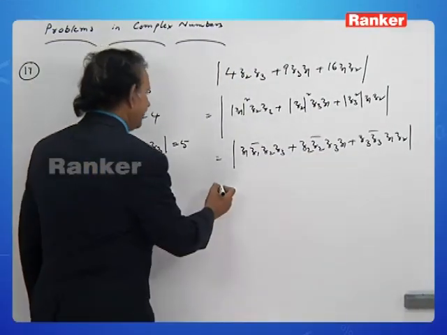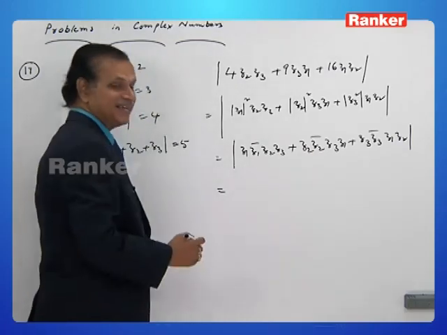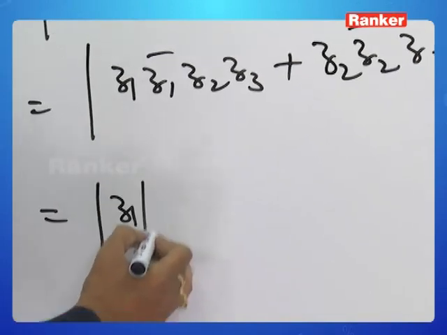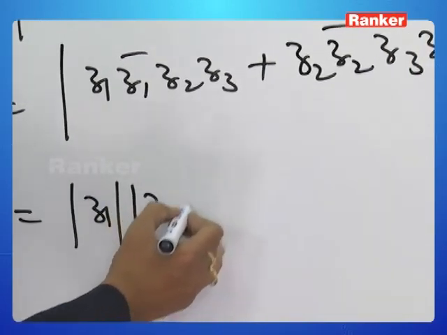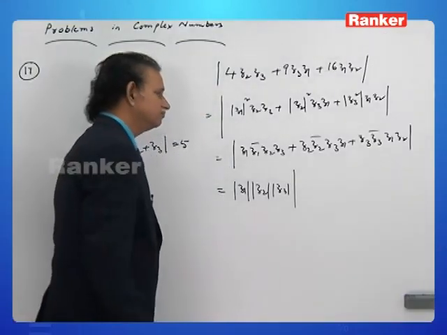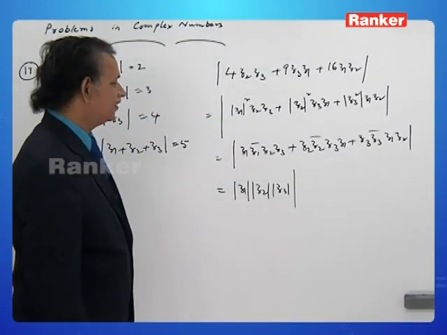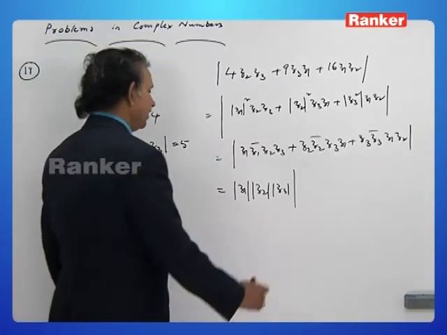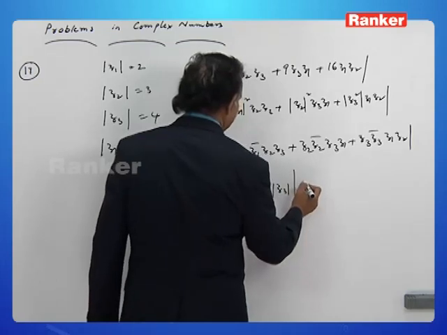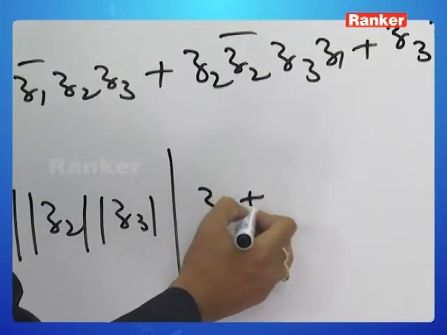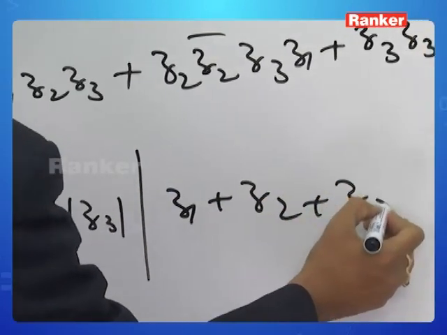Now, from this lengthier expression, I like to take mod Z1, mod Z2, mod Z3 out. What happens? Mod Z1, mod Z2, mod Z3 out, so that it is modulus of Z1, Z2, Z3 times mod (Z1 plus Z2 plus Z3).